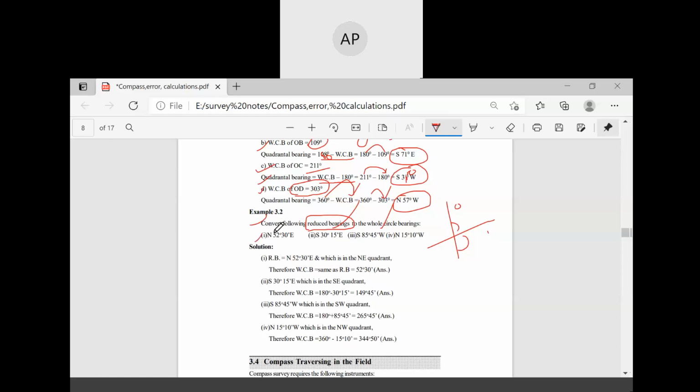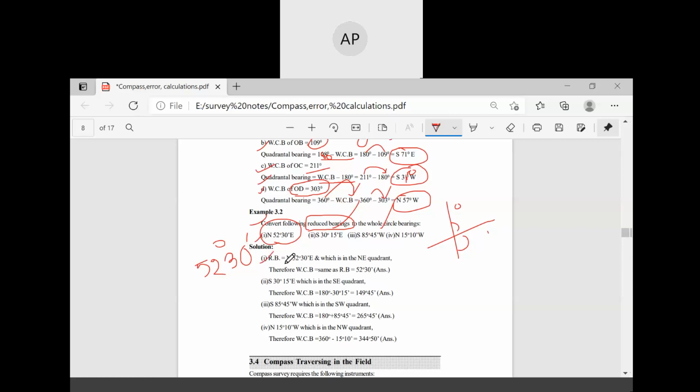First is north 52 degree 30 minute. So 52 degree. Do you know how to write minute? 52 degree is given, and suppose 30 minutes, there it is given like this. Okay? 52 degree and half of 1 degree. That is your 30 minute, okay?